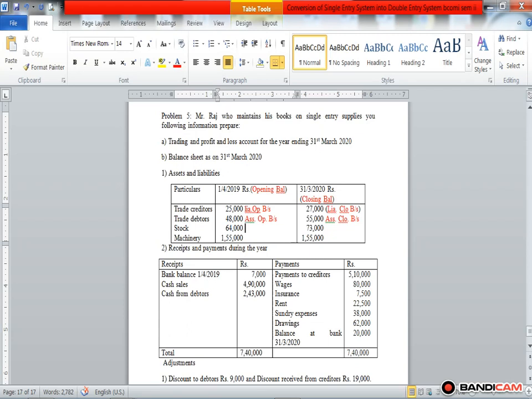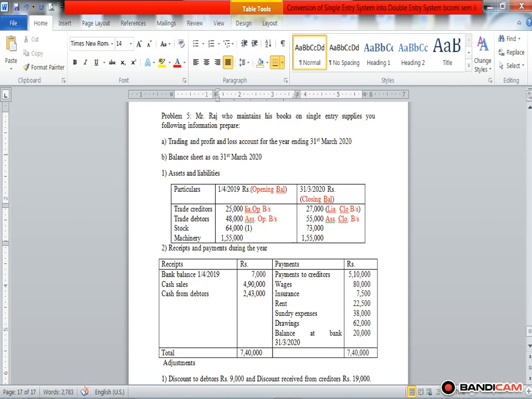Closing stock is transferred to the closing balance sheet asset side, as well as the trading account credit side. So here we write it in brackets.